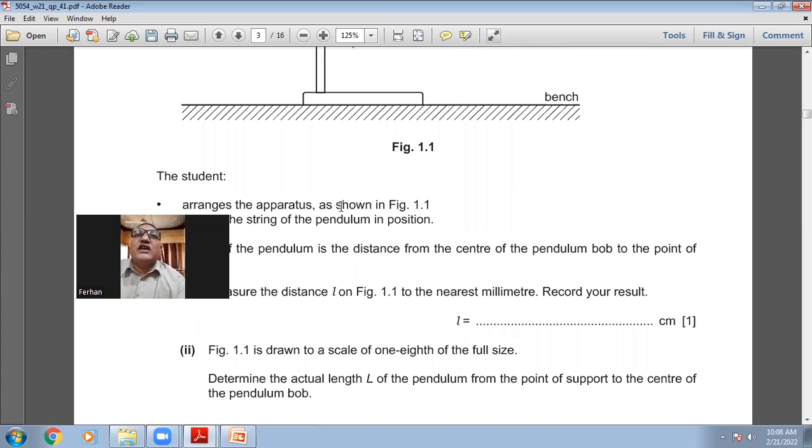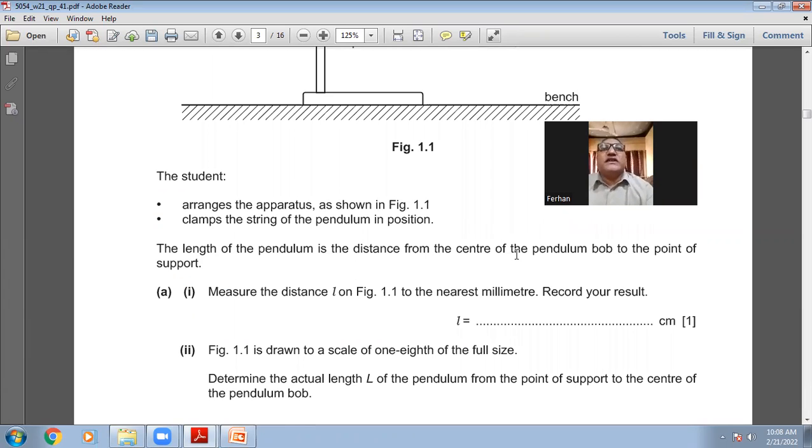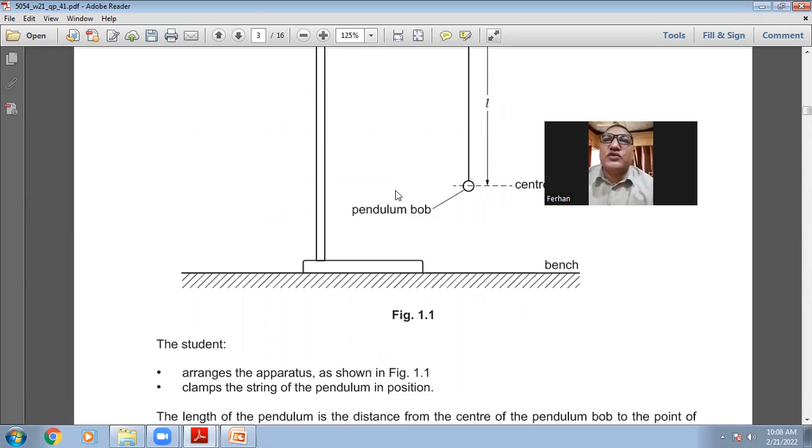So he says that the student arranges the apparatus as shown in figure 1.1, and clamps the string of the pendulum in position. The length of the pendulum is the distance from the center of the pendulum bob to the point of the support.